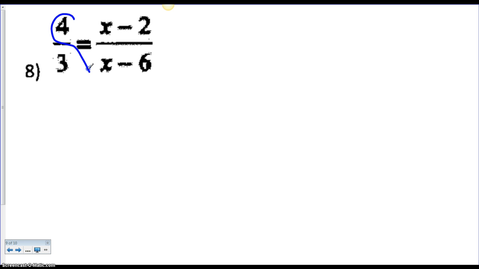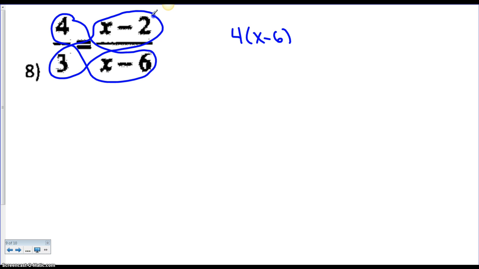Remember, you guys can stop the sub at any time if it's going too fast. So I'm taking 4 times x minus 6. And then I'm taking x minus 2 times 3.